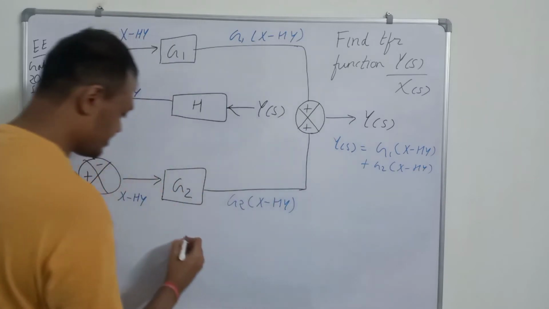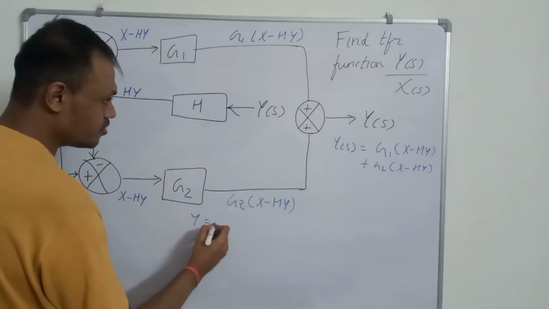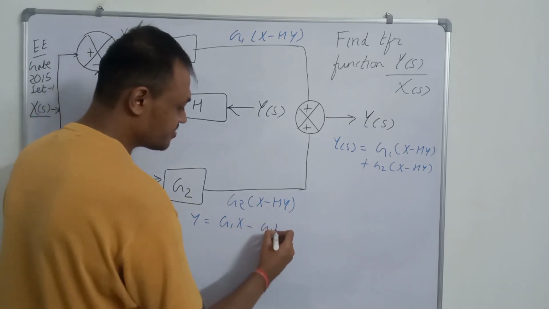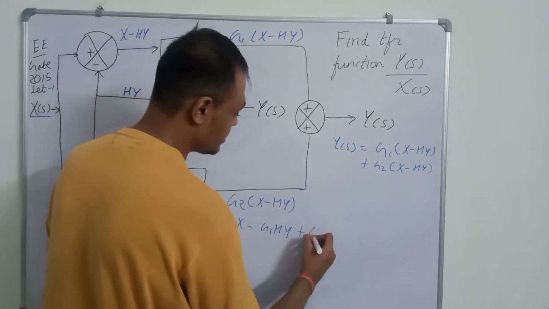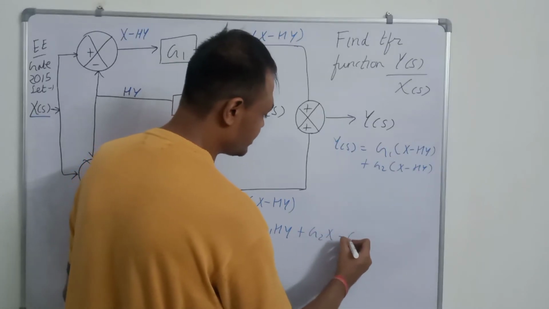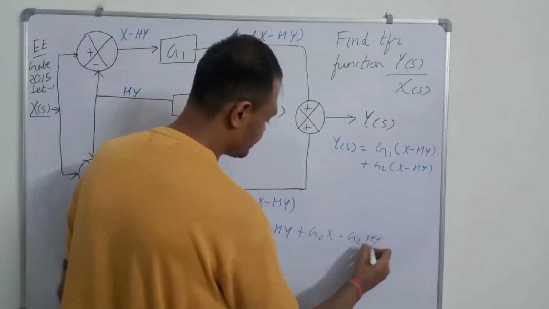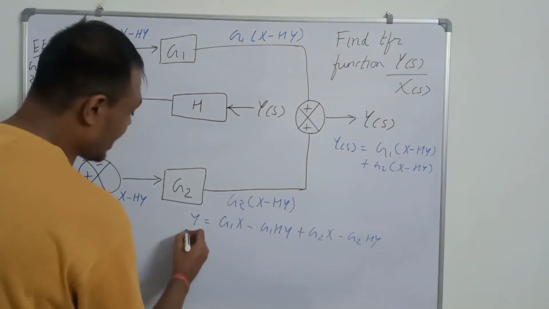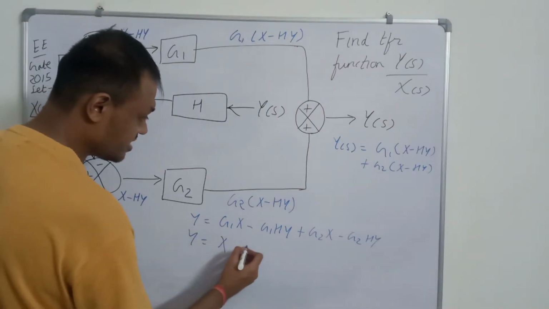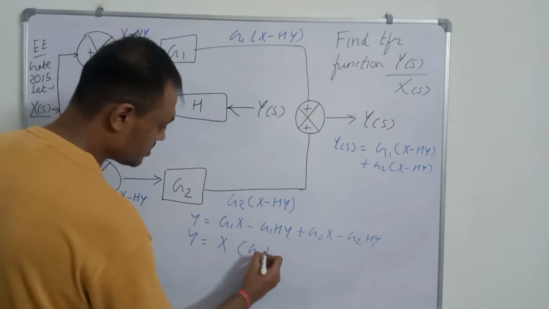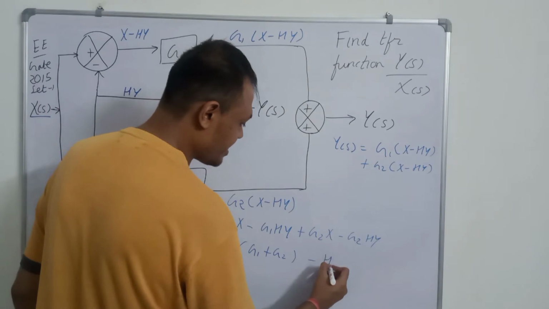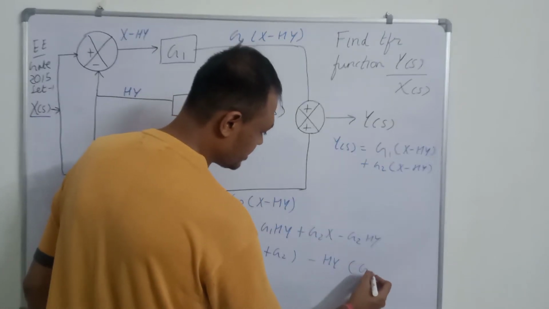So we can write here that Y is equal to G1X minus G1HY plus G2X minus G2HY. So Y will be equal to X(G1 plus G2) minus HY(G1 plus G2).